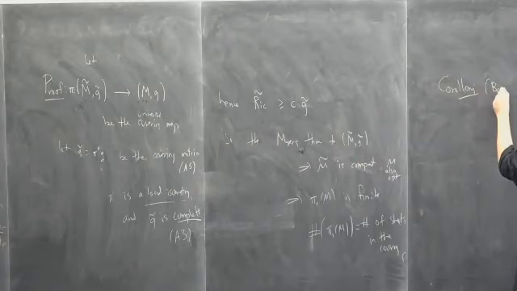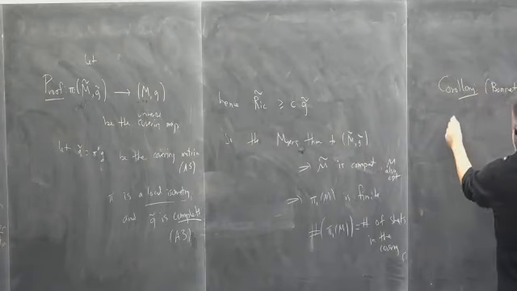This is the Bonnet theorem. So this is what he proved originally before Myers improved it.